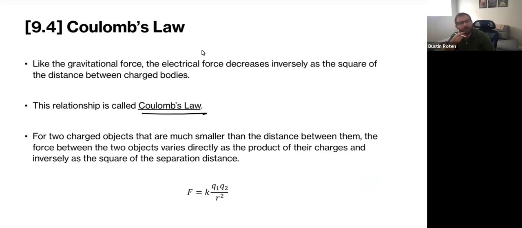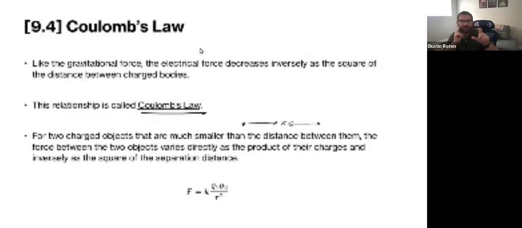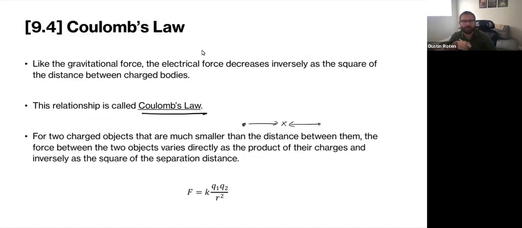Coulomb's law in words pretty much states that for 2 charged objects that are much smaller than the distance between them, so these are tiny compared to some distance between them, the force between the 2 objects varies directly as the product of their charges and inversely as the square of the separation distance.